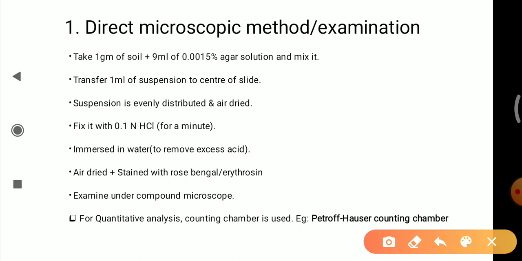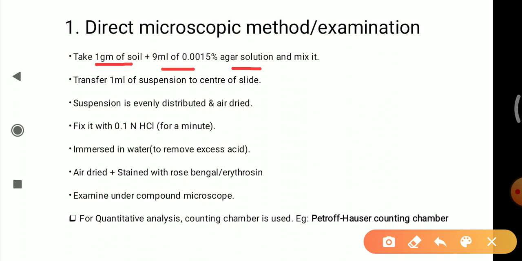In this method, first of all, we take 1 gram of soil from the place where we collected it, and transfer it into 9 ml of 0.0015% agar solution, that is nutrient agar solution, and mix it.